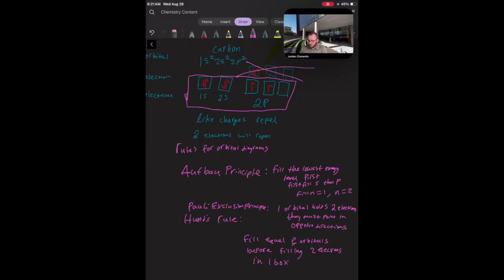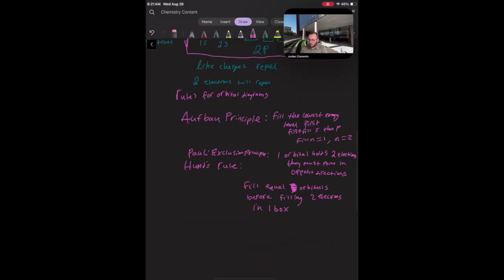And this would be any orbital. We fill any orbital before putting two electrons in one box. So when we look at our 2p orbital, we do this, not this. So we fill each p orbital before doing two electrons in one p orbital.